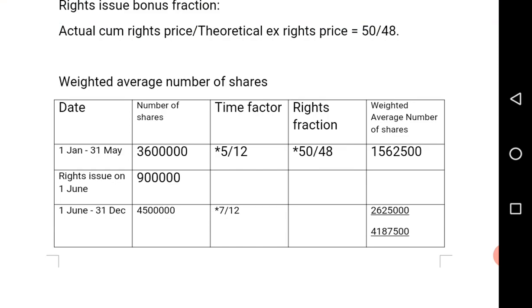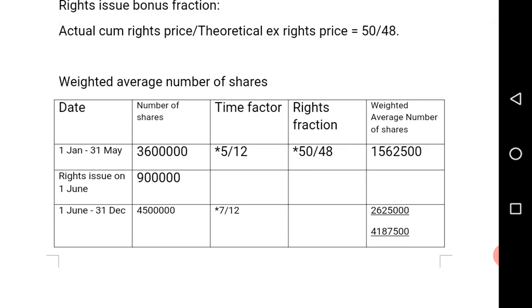And also we had new shares. How did we get our 900,000? 3.6 million divided by 4. Remember it says 1 new share for every 4. Total number of shares we had previously divided by 4. Then we add it to get the new number of shares owned.